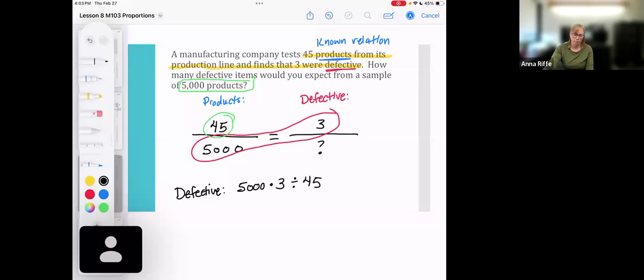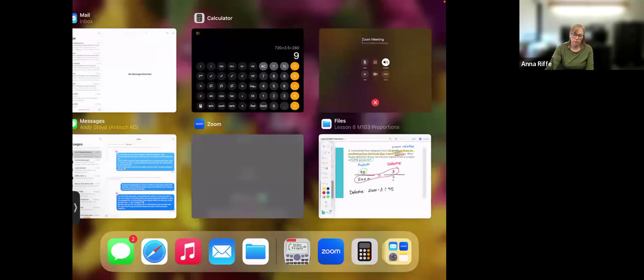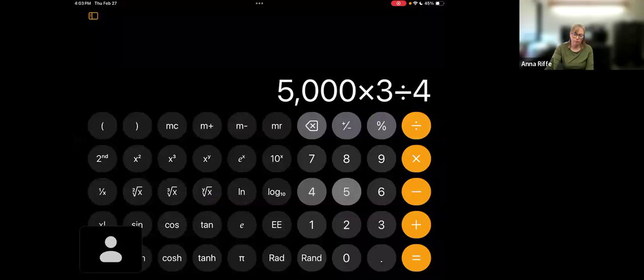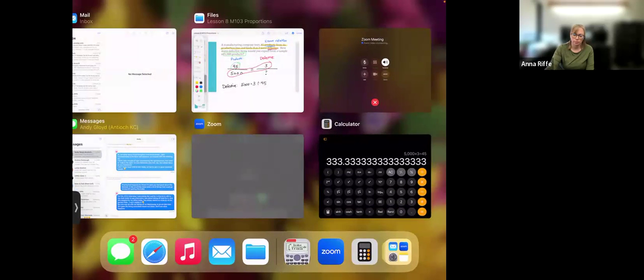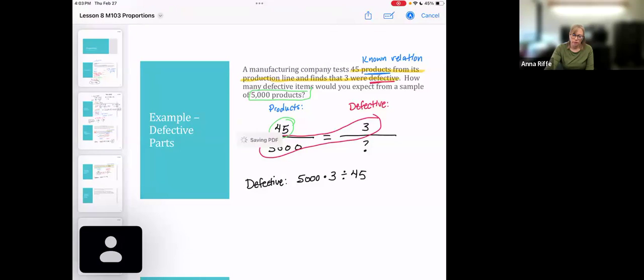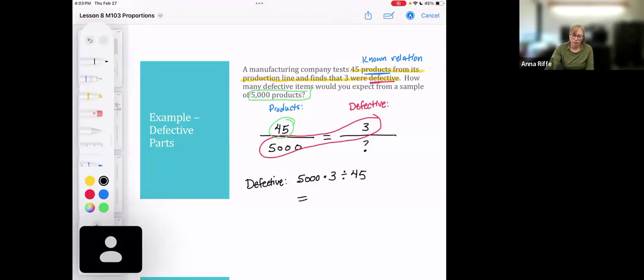So 5,000 times 3 divided by 45. And as mentioned, we do get a decimal here. So 333.33, etc. 333.3 repeating.